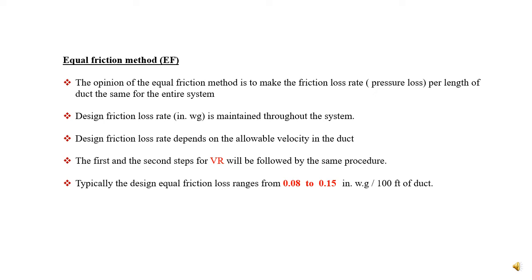Normally, in industry, some use 0.1 inch water gauge per 100 feet, and some others use 0.15 inch water gauge per 100 feet. Well, it depends. If it is not stated, then for our exam, we just use 0.1 inch water gauge per 100 feet.